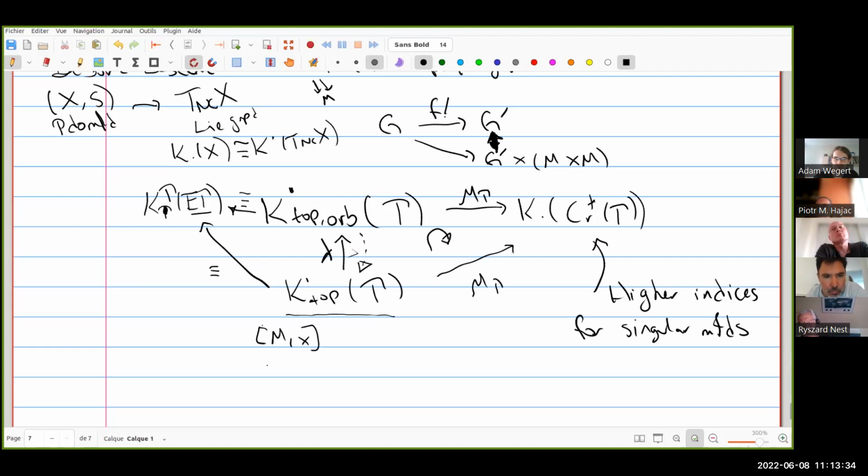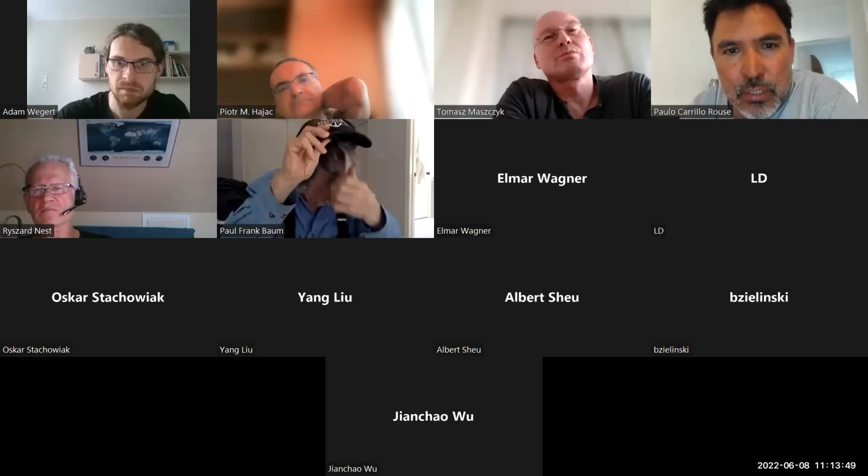Essentially the Schick map in K-theory, as I put it, for proper actions, is in fact a duality here for spin-c objects.